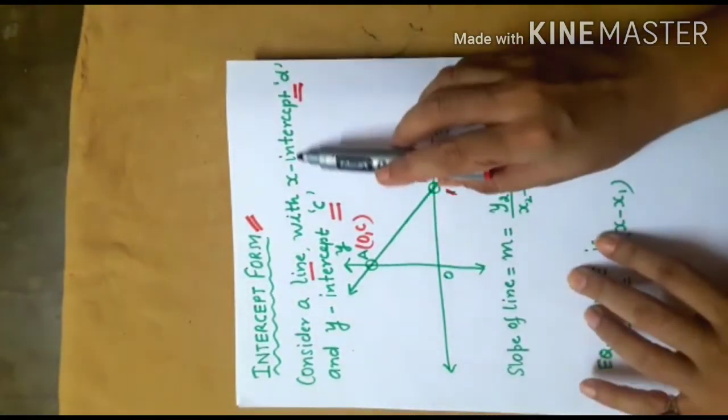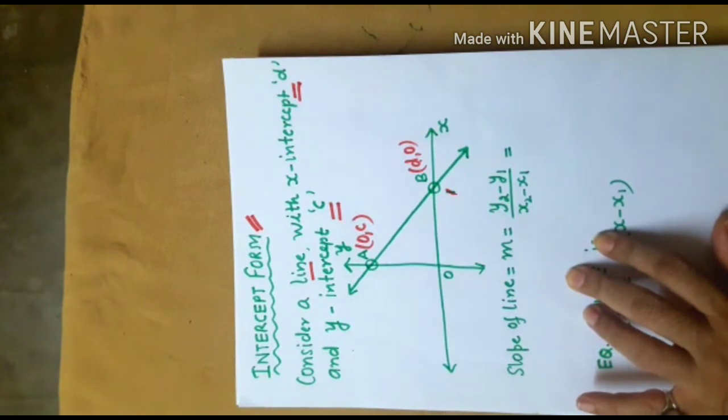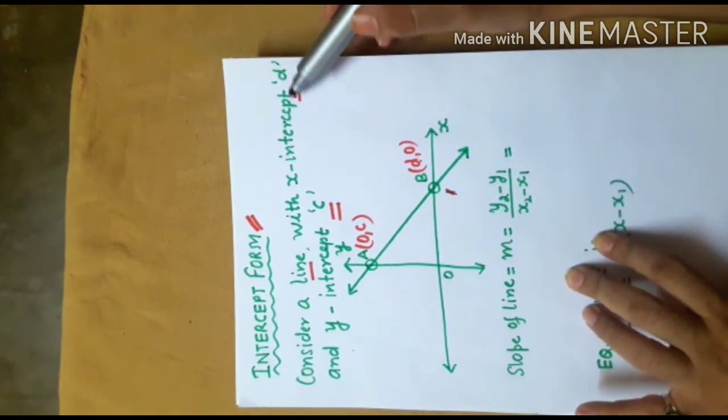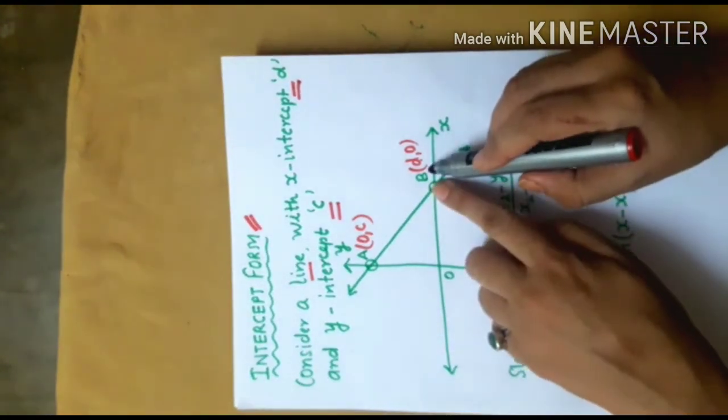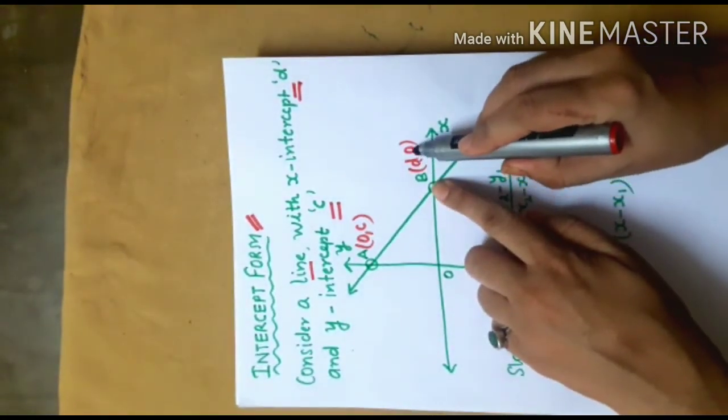The x-intercept gives you the point at which the line intersects the x-axis, so the line will intersect the x-axis at the point (d, 0).